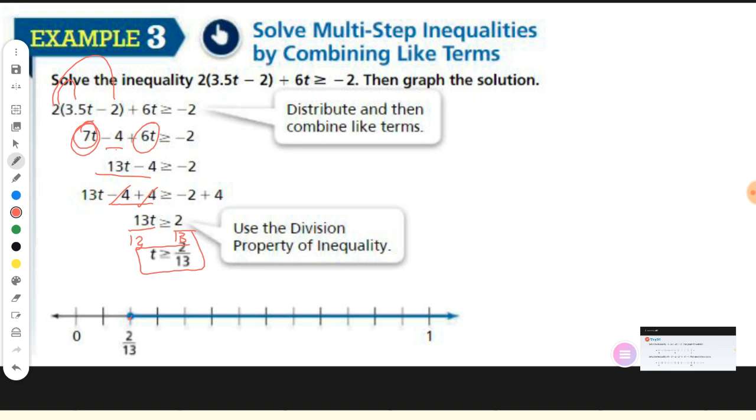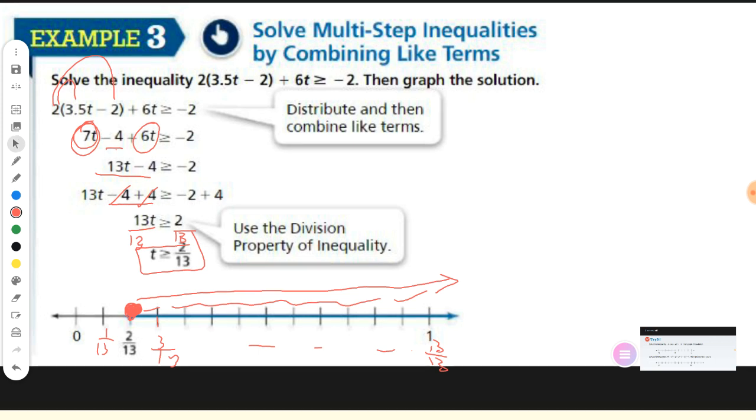So I can write it as small fractions, 1 over 13, 2 over 13, 3 over 13, and so on until we reach 13 over 13, which is 1. So we will put a closed circle because there is an equal sign in greater than or equal. Greater means right, so we'll go to the right hand side. We already finished it. Okay.